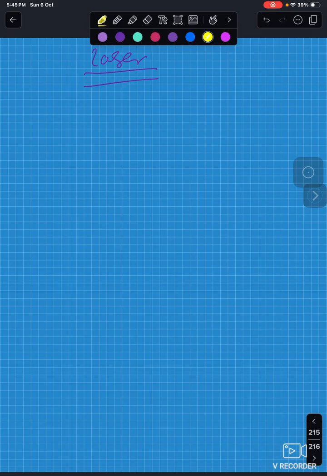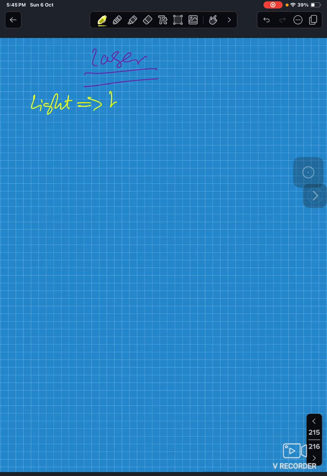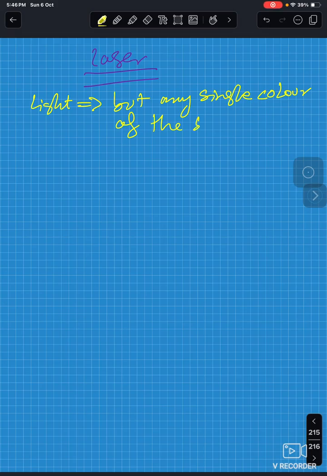So we know that laser is nothing but light, but monochromatic, or light of any single color of the 7 colors of light.